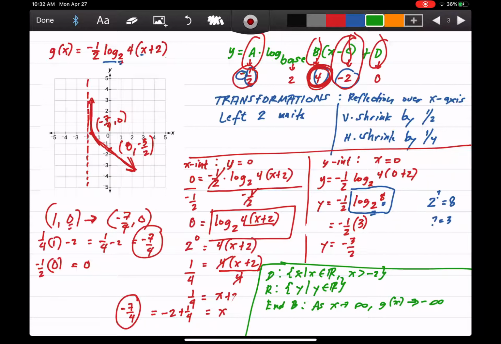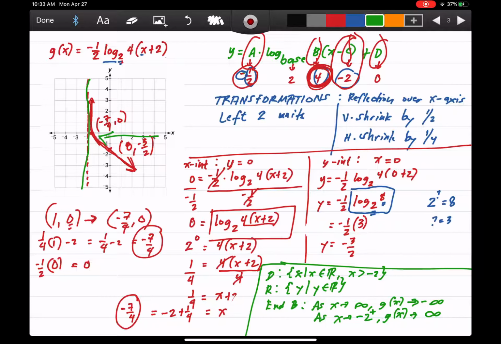And then as x approaches negative 2, because you cannot have x to the left of negative 2, so as x approaches negative 2 from the right, g of x is increasing, right?